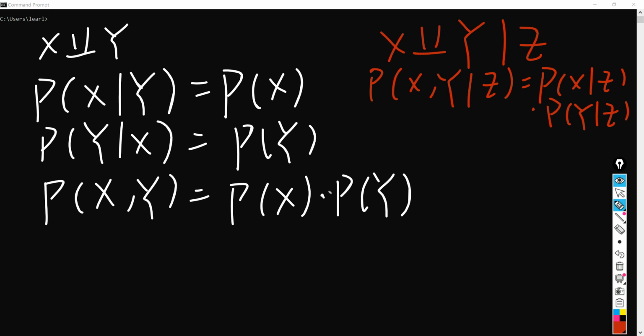You can see some similarity between these two equations. Since there x and y are independent in all circumstances, when given the condition z, it's just a similar equation.